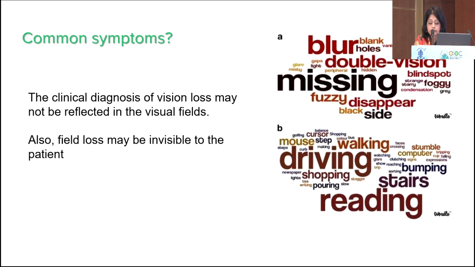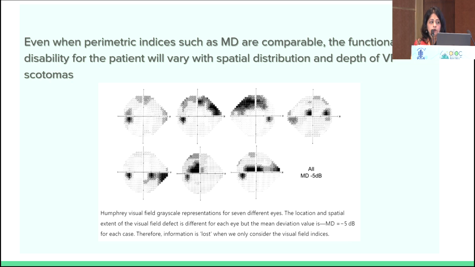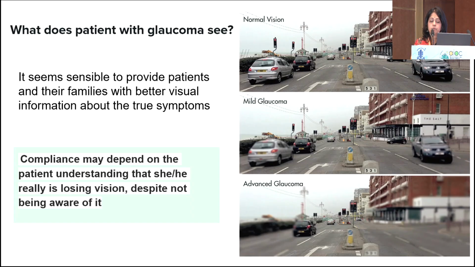Field loss may be invisible to the patient. Also, even when the parametric indices like mean deviation are comparable, you see charts of 7 people here with a mean deviation of 5 decibels, but the functional disability for the patient will vary with the spatial distribution as well as the depth of the visual field scotoma. So a lot of information is lost when we only consider the visual field indices.